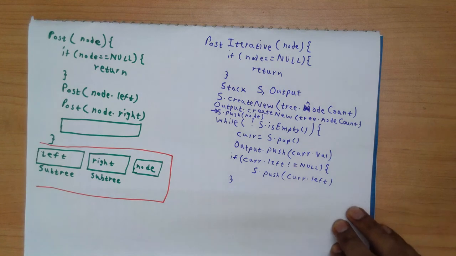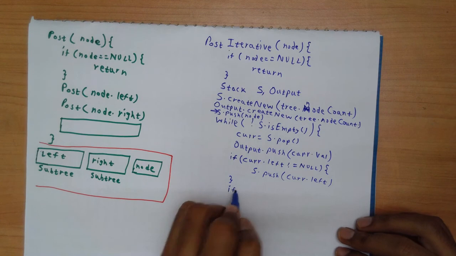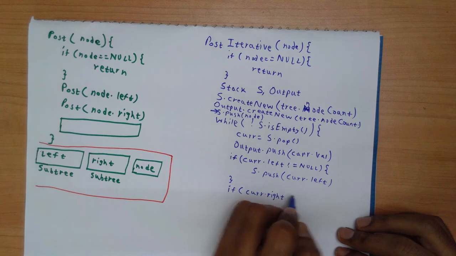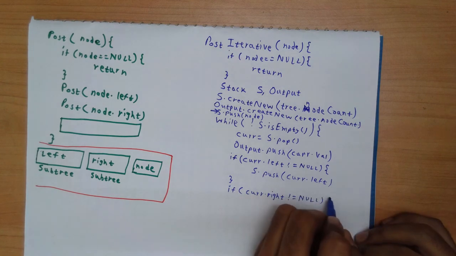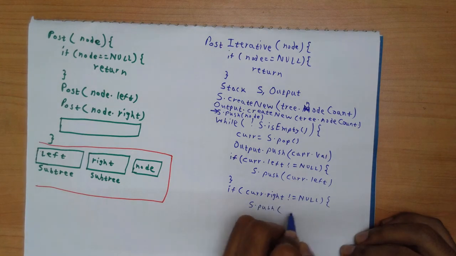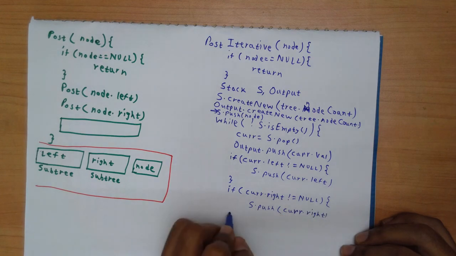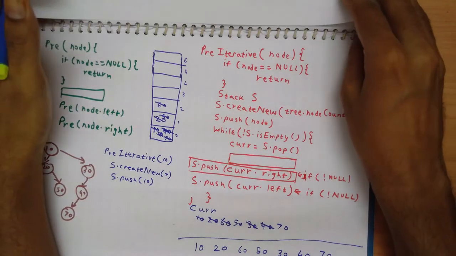So I'm going to push the left node first, and then I'll check if it has a right child. If current.right is not equal to null, in that case you should push current.right. Okay, and then I'm comparing with the pre-order traversal.